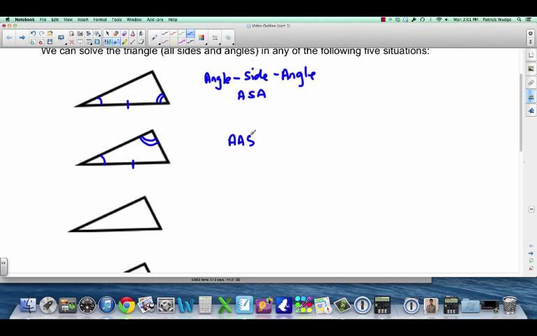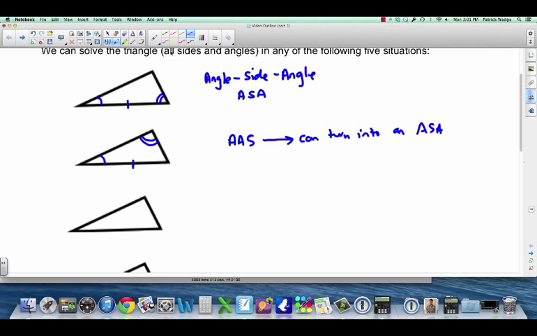Now, we could solve this because if we knew these 2 angles, we could very, very easily get this third angle here, because you know that all 3 angles in a triangle add up to 180. And once you had this angle here, you'd be back to an angle, side, angle. So really, an AAS, an angle, angle, side, can turn into an ASA, which we've already said we're able to solve.